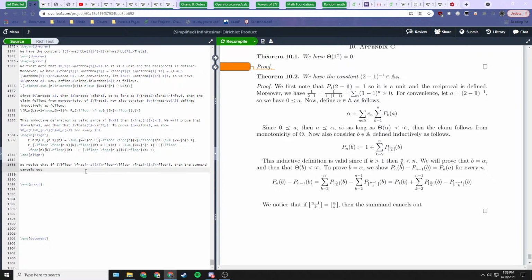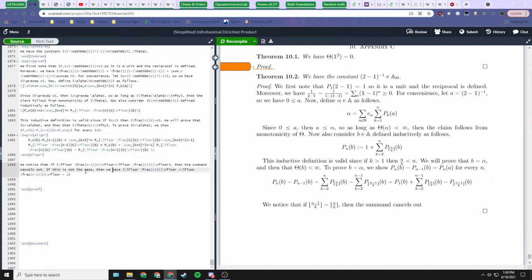So the thing that we want to observe is that if this fails, but rather if this is not the case, then what we want to show is that this floor of n over k is equal to this floor of n minus 1 over k plus 1.